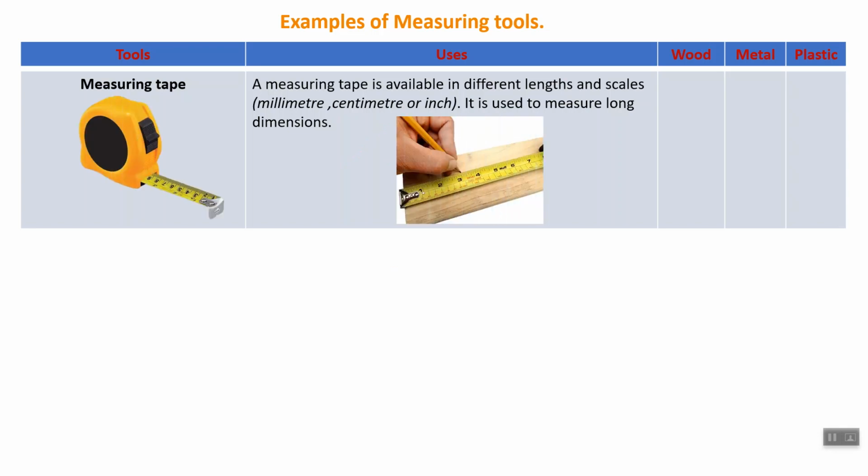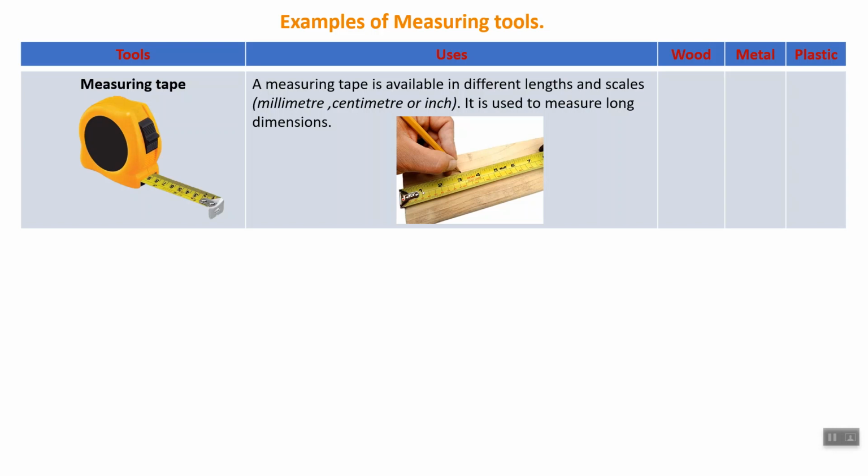So measuring tapes are used to measure long dimensions. We have measuring tapes measuring 3 meters and up to 5 meters in the workshop. So as you can see here, there are some measuring tapes which measure in inch and others in centimeters and millimeters. So we will be using this side instead, okay, to measure in centimeters and millimeters.